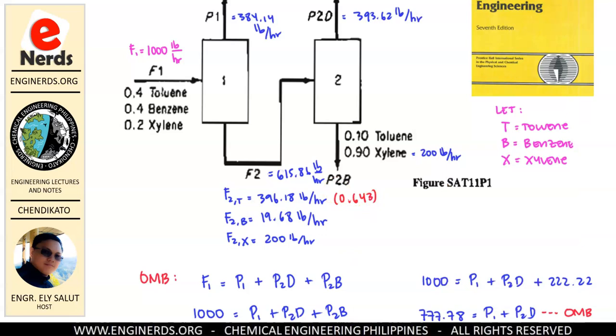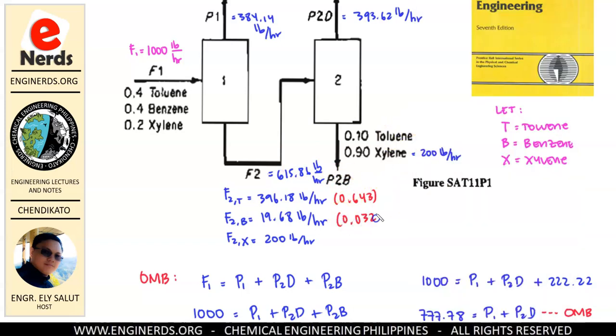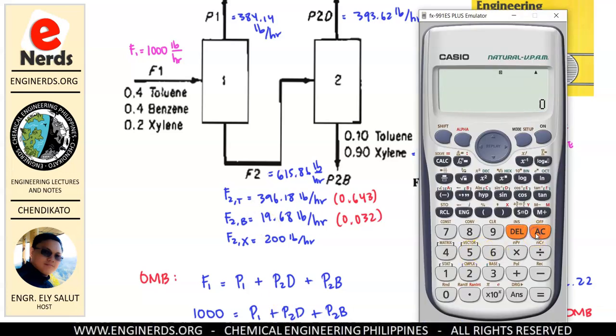Okay, so para sa ating benzene, we have 19.68 divided by 615.86. So we have 0.0319 or 0.032. Okay, and then for our Xylene, we have 200 divided by 615.86.